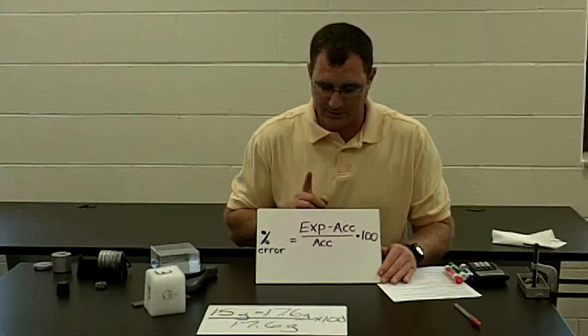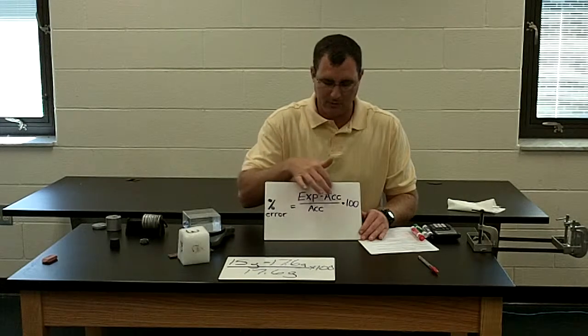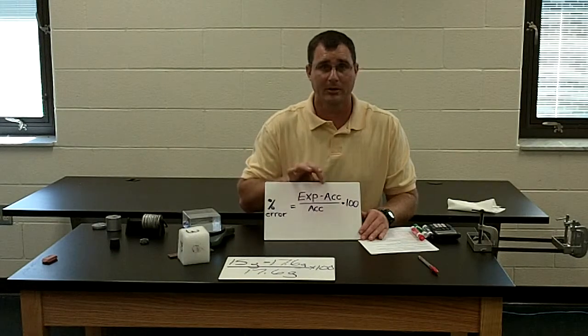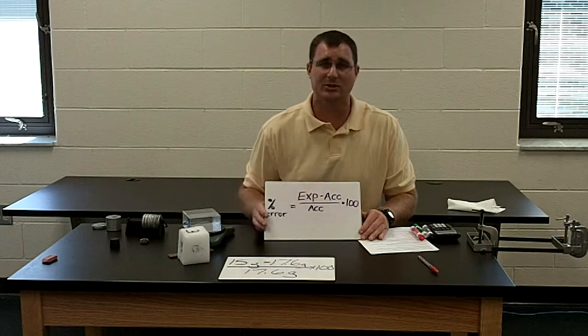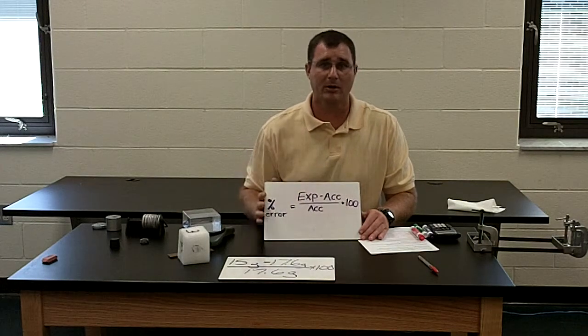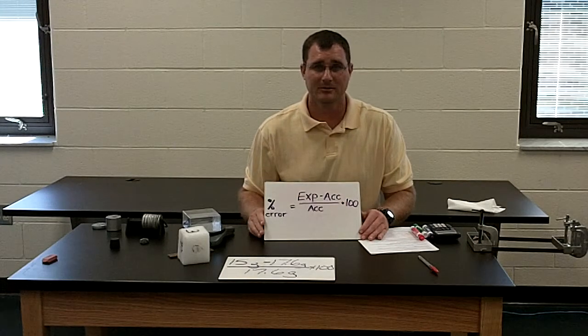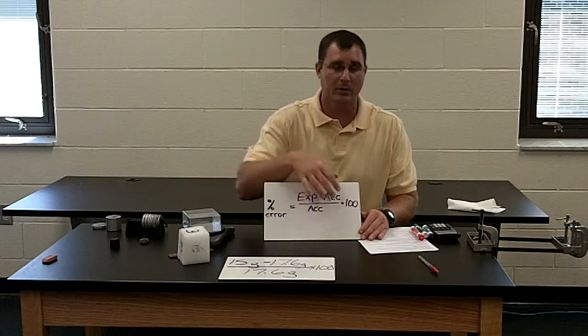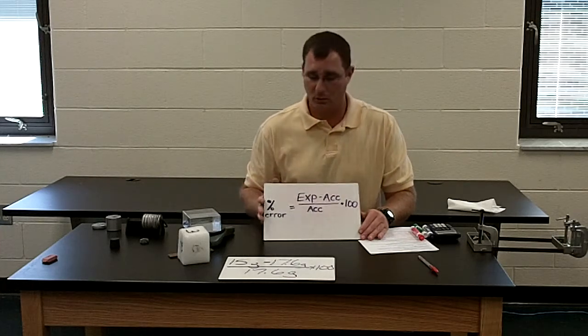One thing to look at is, this is all going to be in grams for this example, so grams minus grams is still going to give me grams. But grams divided by grams, those units cancel out. So grams are now gone. When I multiply it by 100, I'm just left with a percentage. We want to follow along our units and make sure we're coming up with proper values when we're done, and that's a good way to do it.